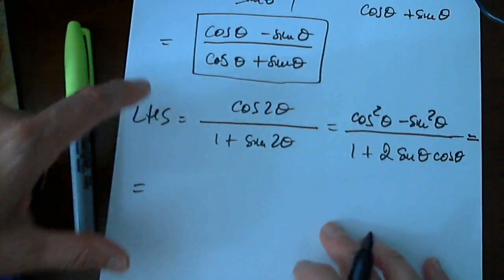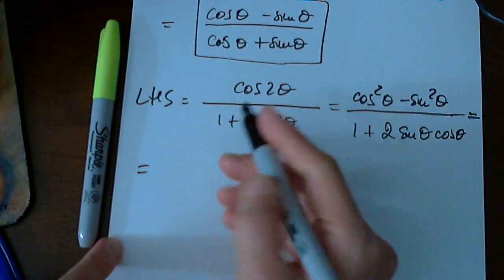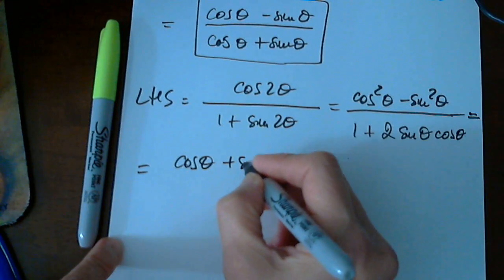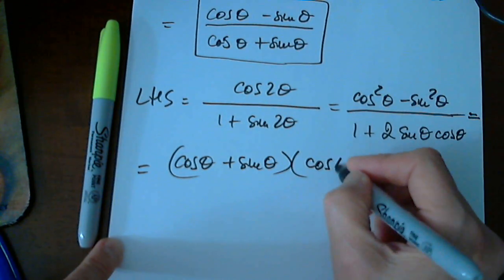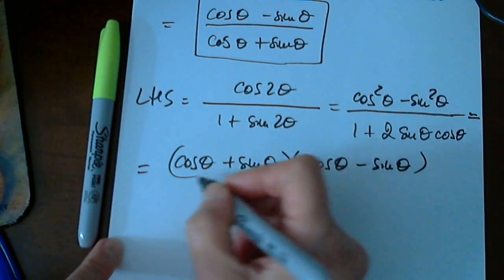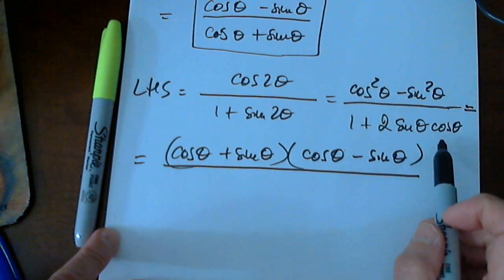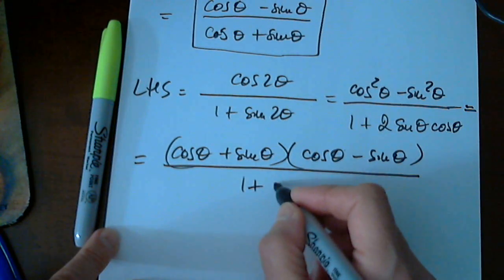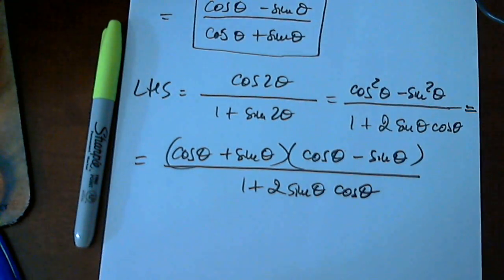I will factor this into cosine theta plus sine theta times cosine theta minus sine theta. And the denominator still stays as 1 plus 2 sine theta cosine theta.